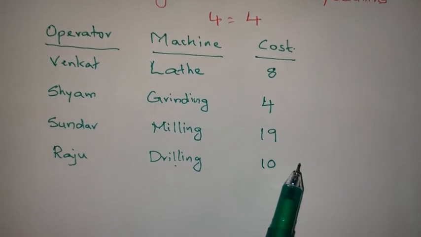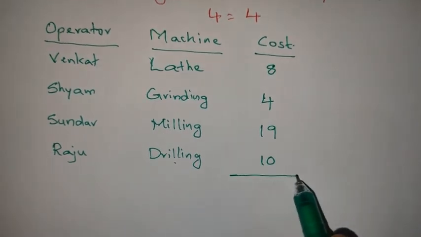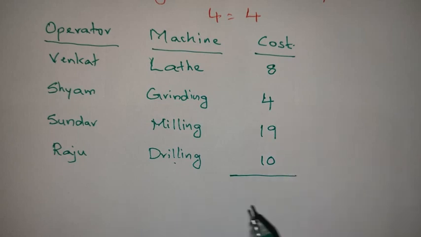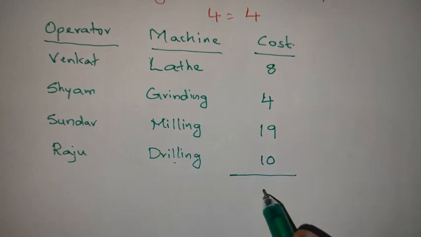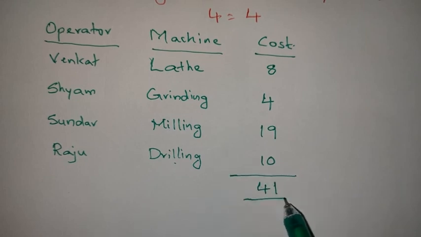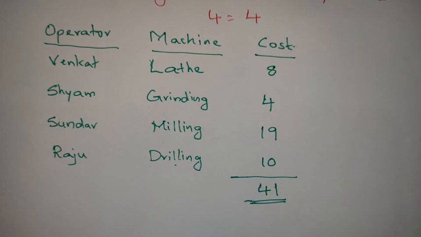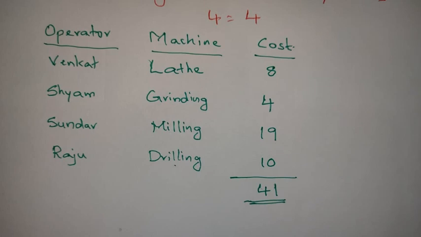Now let us find the total cost, which equals 8 plus 4 plus 19 plus 10, that is 41 rupees. So like this, we assign each machine to each operator in order to get the best output. So I hope you understand this problem. Thank you.